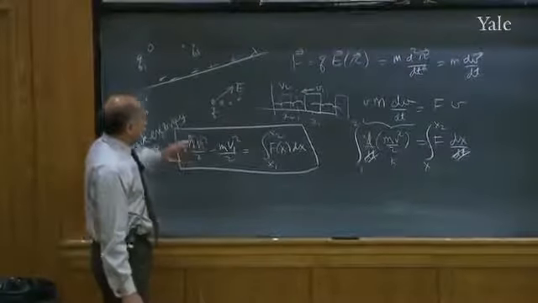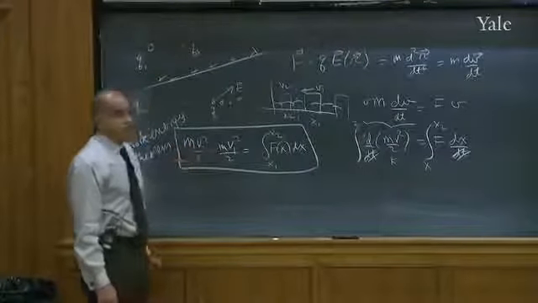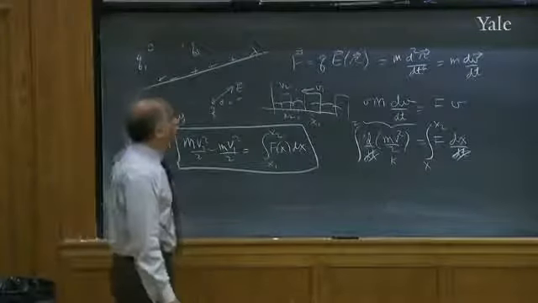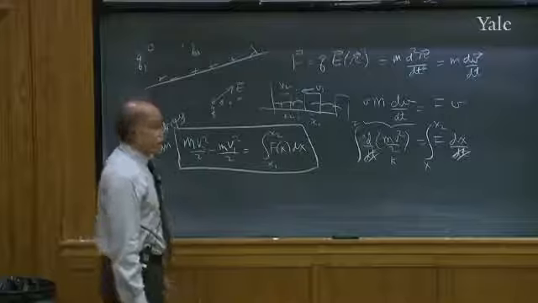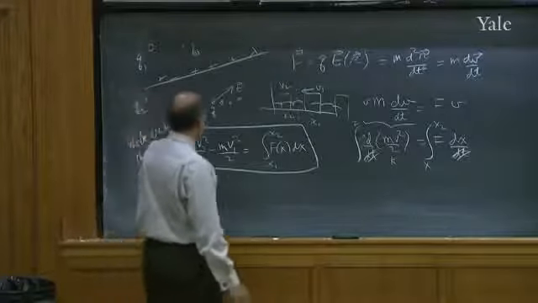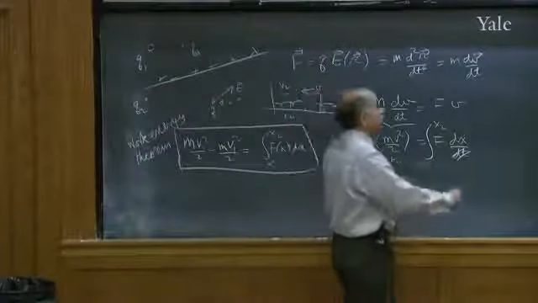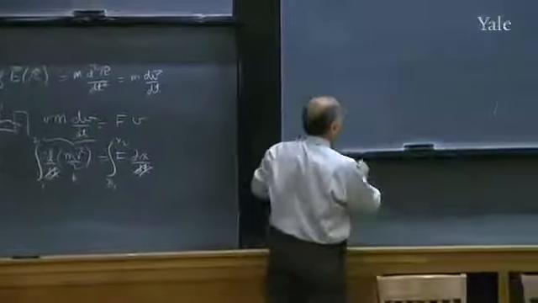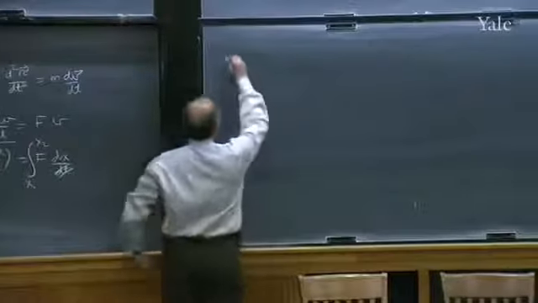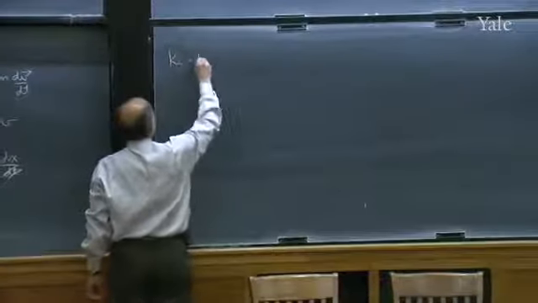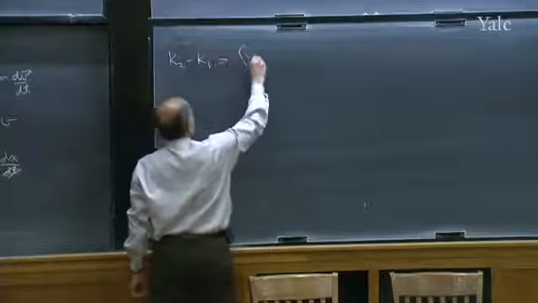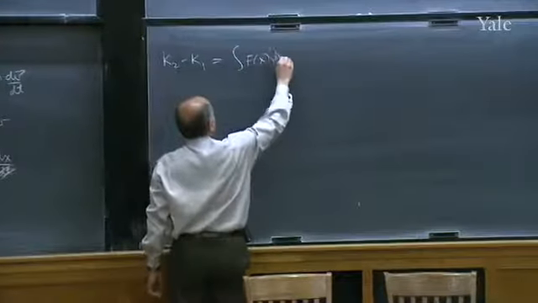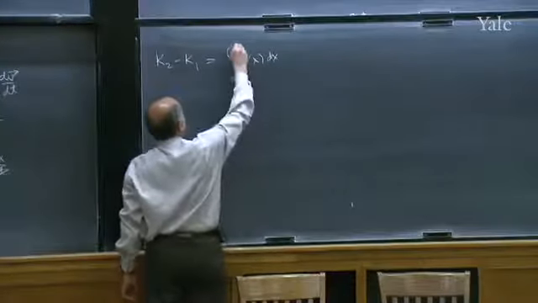But if you want to extract from this a law of conservation of energy, you have to do a certain manipulation. And that's what I'm going to describe. So let's go back here and try to extract from it a law of conservation of energy. I'm going to write here K2 minus K1 is the integral of f of x dx from x1 to x2.